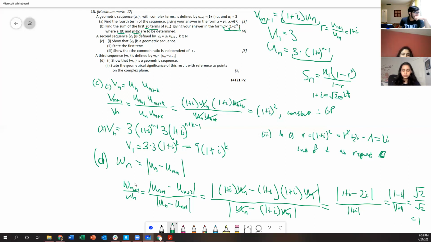Okay, we start off with the next successive term over initial term. Un plus 1 minus Un plus 2, because we did n plus 1 here, n plus 1, n plus 2, over Un minus Un plus 1. N plus 1 is 1 Un minus 1 plus i times Un plus 1, and that's 1 plus i times Un over Un minus 1 plus i times Un.